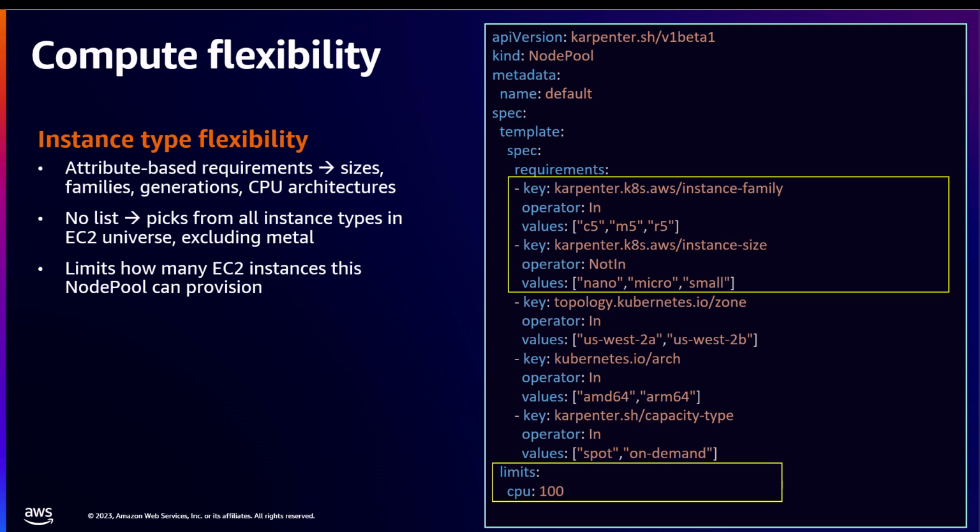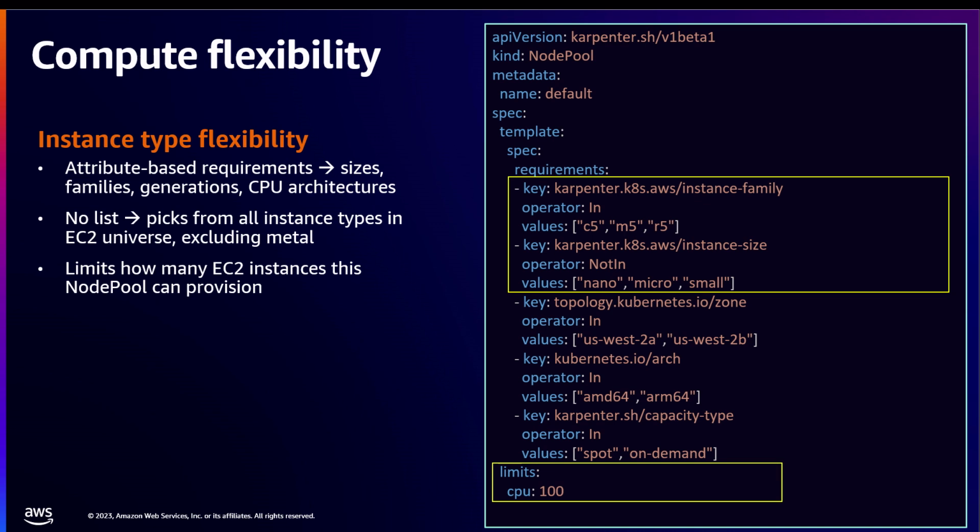In this YAML file, you can say what kind of instance you want Karpenter to provision. For example, instance family C5, M5, R5. Instance size not in nano, micro, small. And this is just a couple of examples. You can also do greater than, less than, all different kinds of operators.